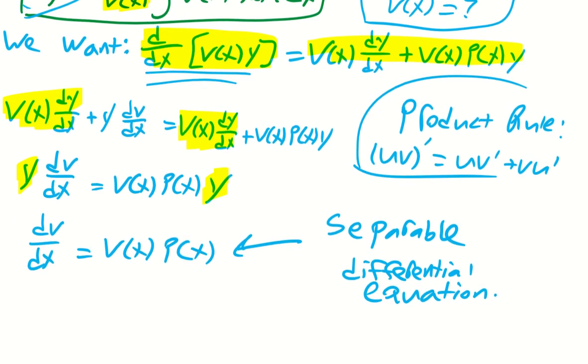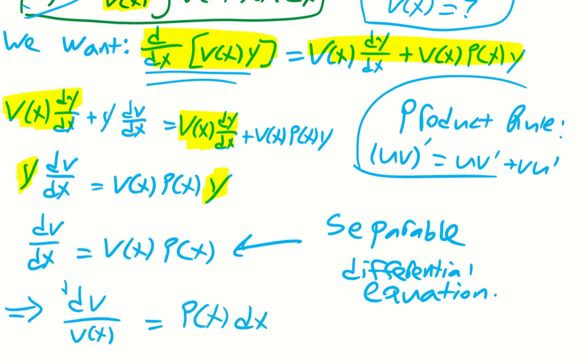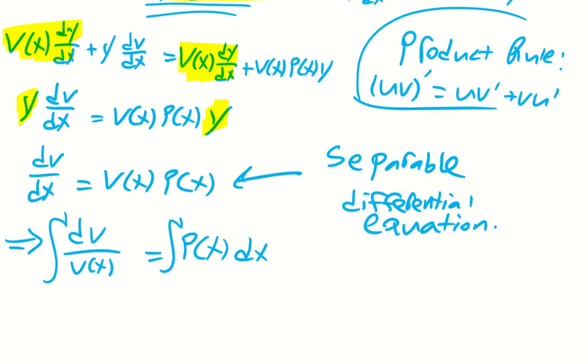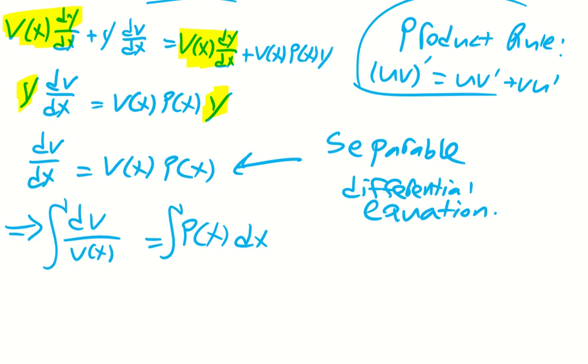And so we can say we have dv over v of x is equal to p of x dx, and we'll anti-differentiate both sides. What's the left-hand side? And we're not going to worry about absolute values here. That's just equal to the natural logarithm of v of x. We can't do anything to that right-hand side. That's just the indefinite integral of p of x dx.